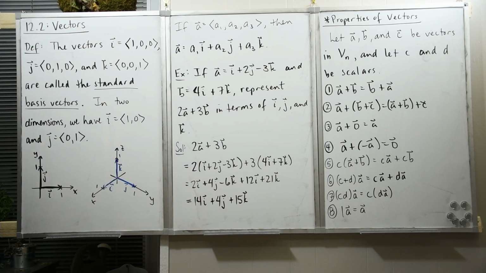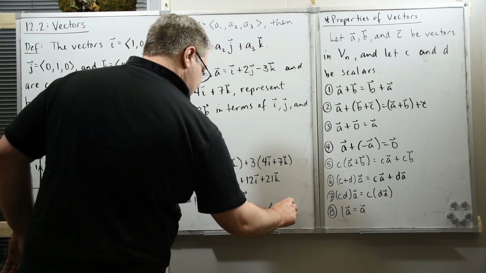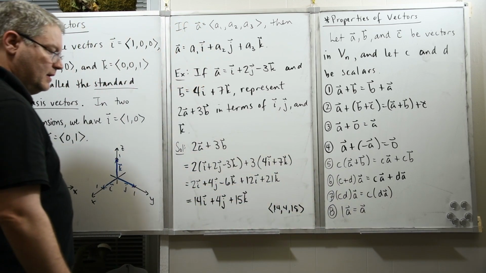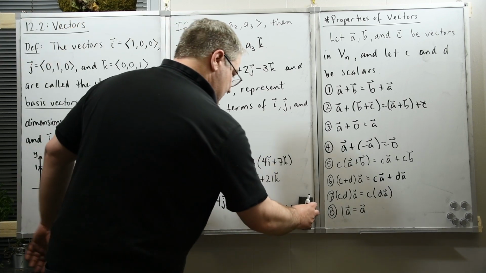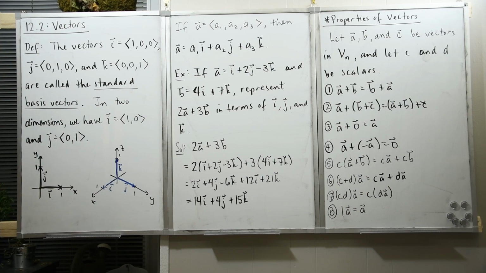Now, in terms of component form, yeah, we would have 14, a 4, and a 15. So that would be our 2a plus 3b. But written this way, we say that 2a plus 3b is written as a linear combination of I, J, and k.